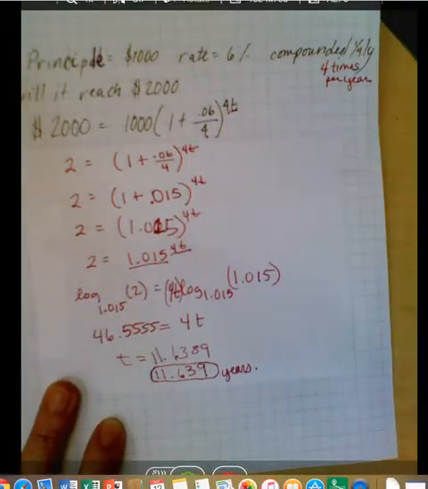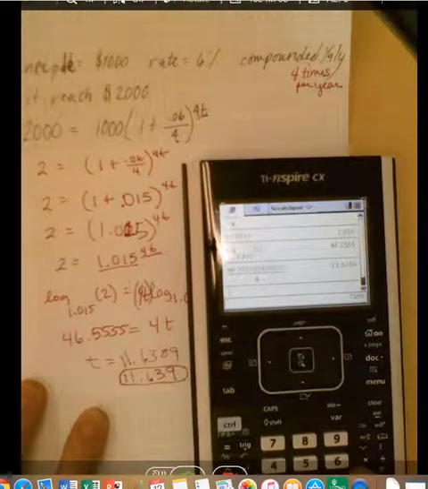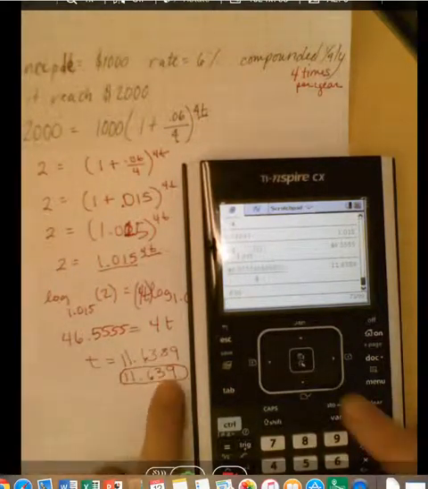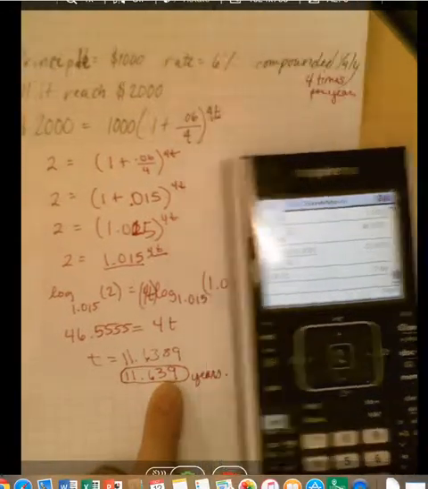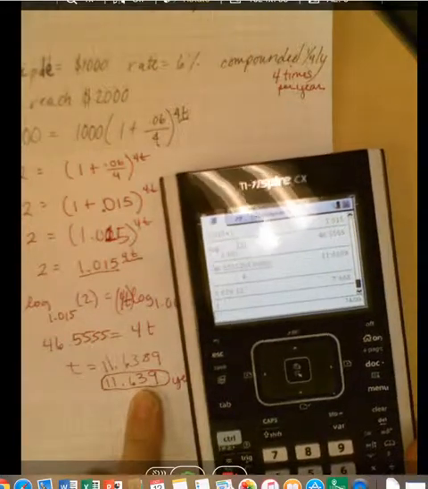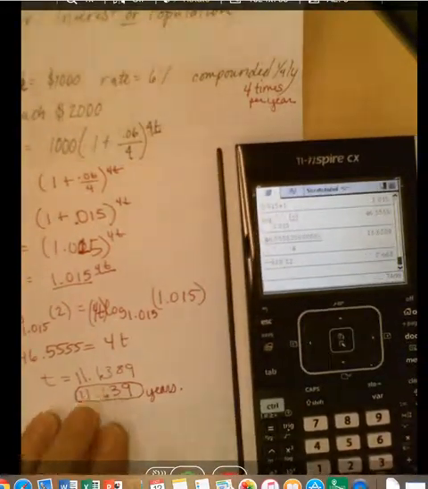Well, 639 years, I don't really know what 639 years is, so I'm going to take 0.639 years. We're going to convert it to months, so multiply that by 12. So 7.5. You could really work this all the way out to the days if you needed to.